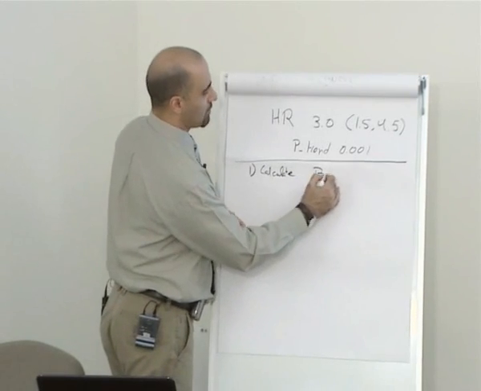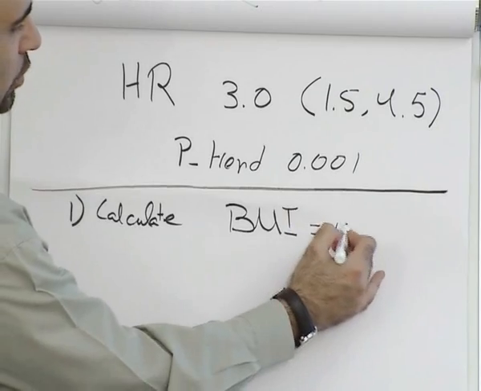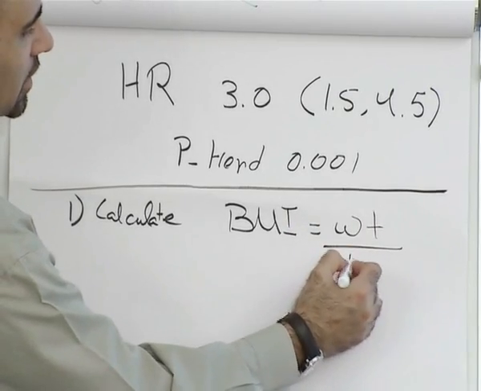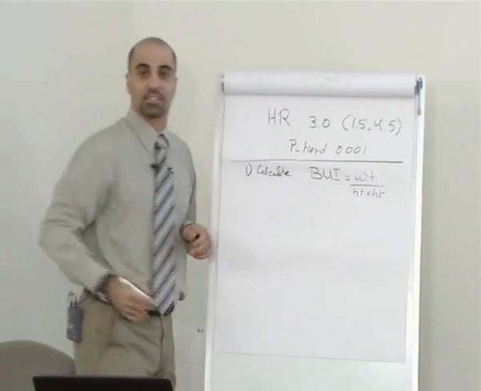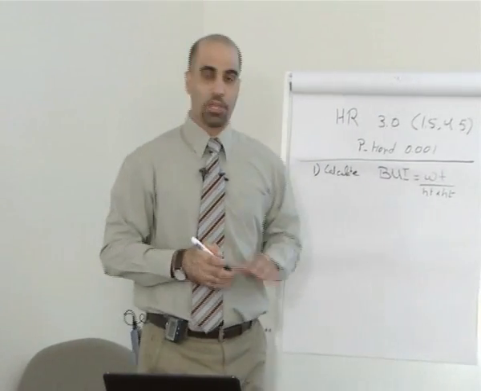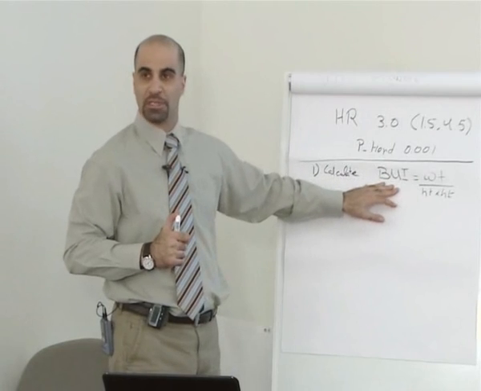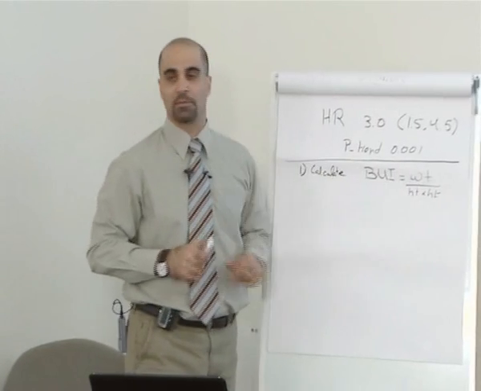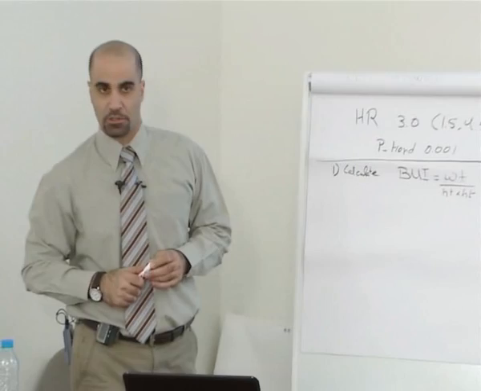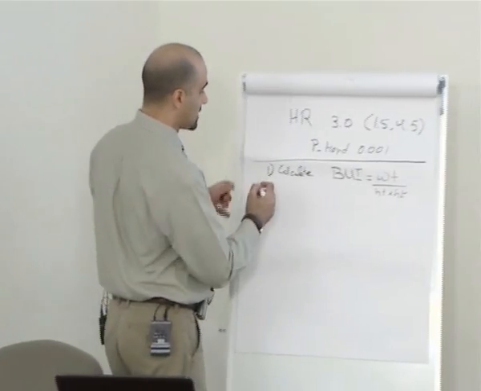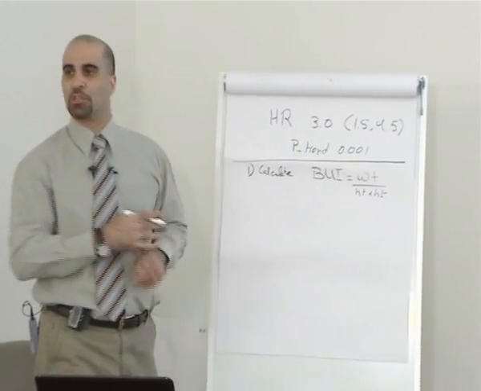I want to calculate, for example, the body mass index, which is equal to weight divided by height squared. So here, I want to manage my data. I want to create a new variable, body mass index, based on two variables that are weight and height. Sounds good?